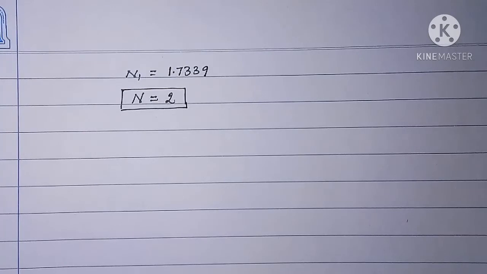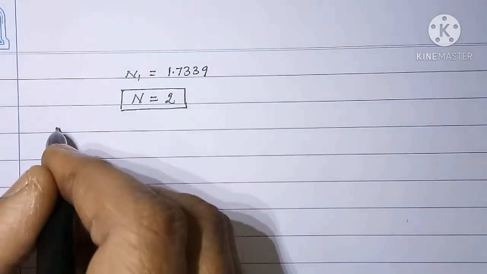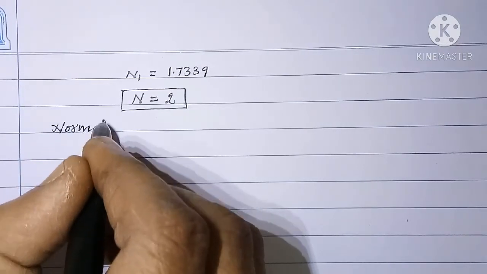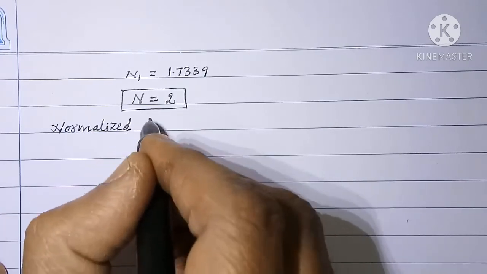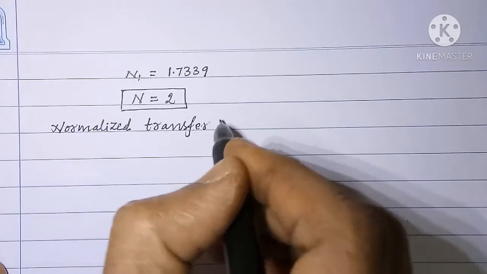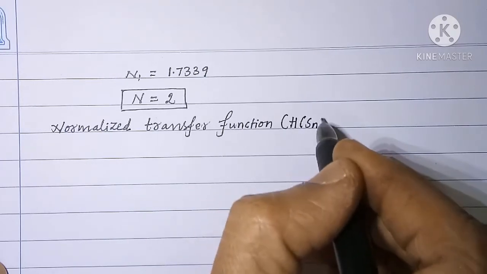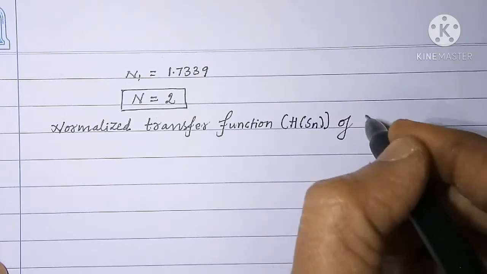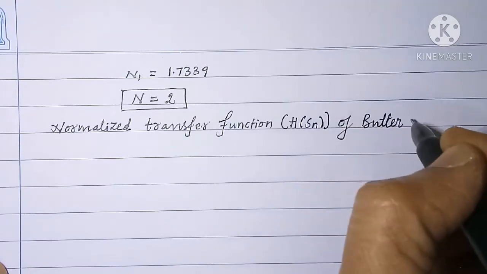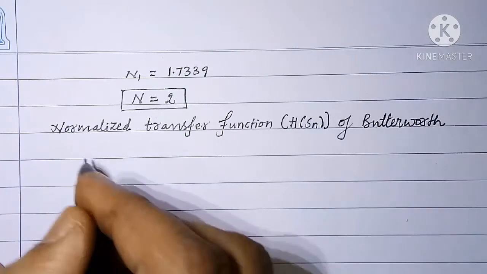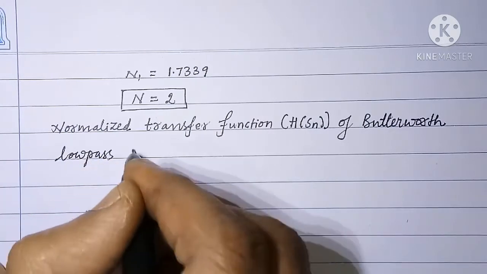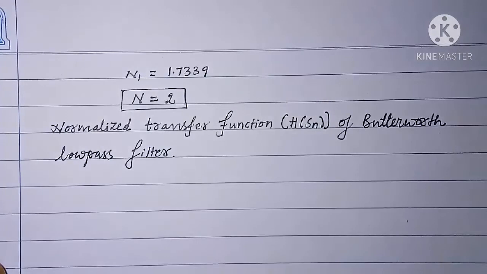Using order of the filter, now we have to write the normalized transfer function of analog filter, that is H of Sn of Butterworth low pass filter.